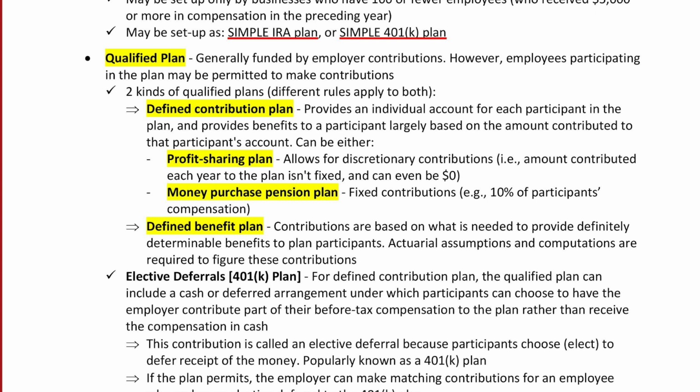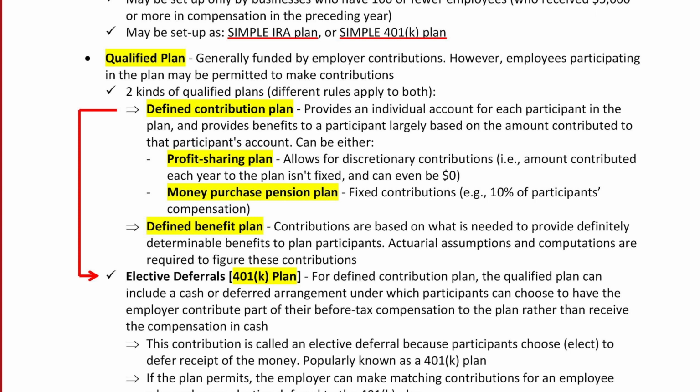Now, from defined contribution plan, I want you to draw an arrow down to elective deferrals and highlight 401k plan. Elective deferrals or 401k plan is when employees choose to have the employer contribute part of their before tax compensation to the plan rather than receive that compensation in cash.